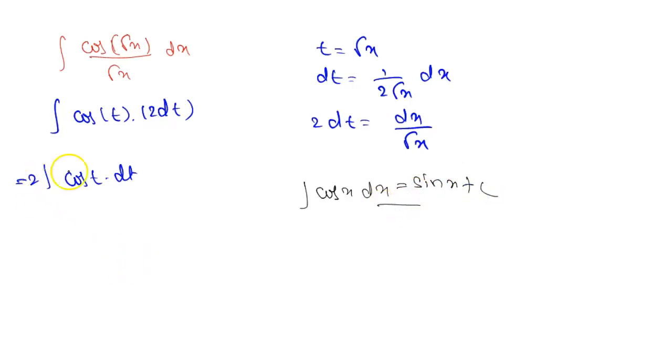By applying that formula, we get 2 times sin t plus c. But t value is how much? Root x. So that is equal to 2 times sin of root x plus c. This is the answer for this question, right?